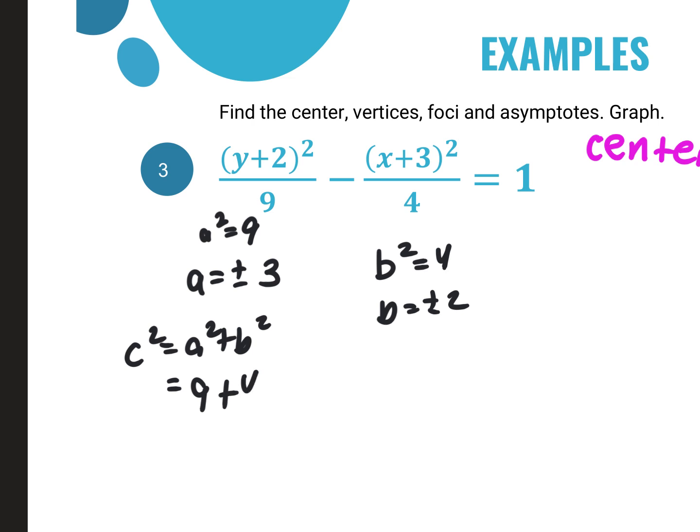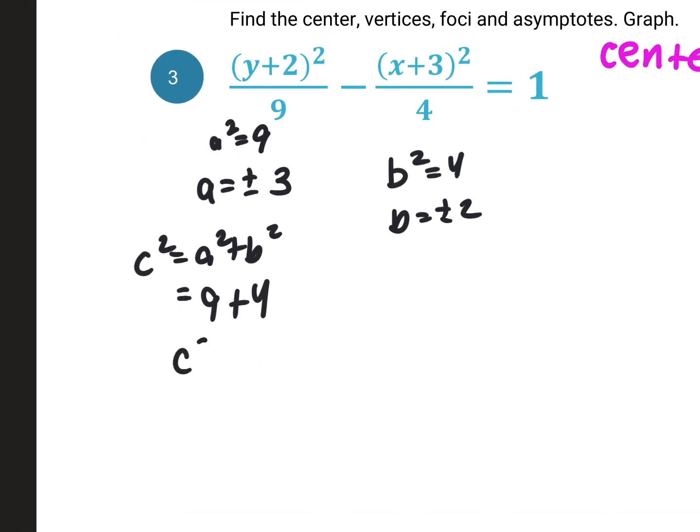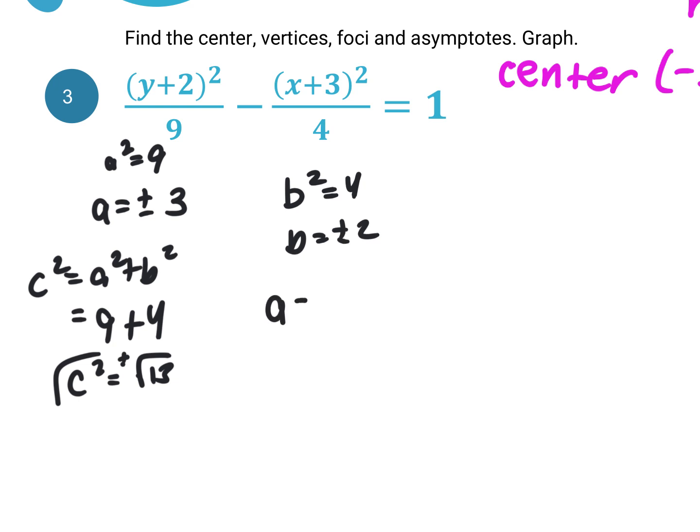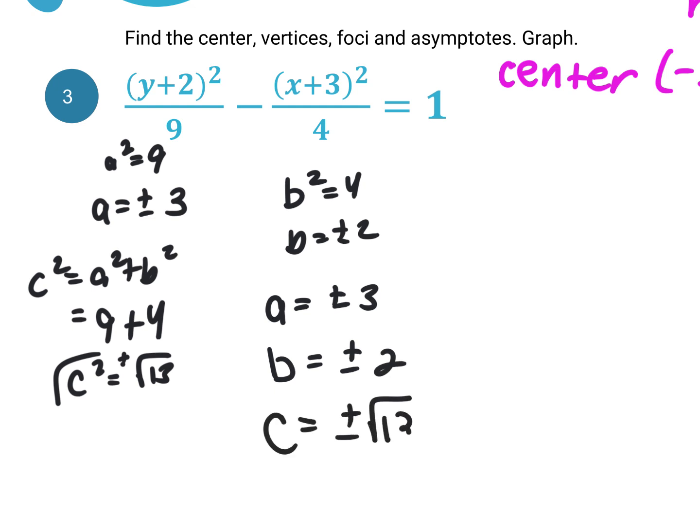So 9 plus 4. You guys with me? C squared equals 13. I'm sorry, C equals plus minus root 13. So let's just say A equals plus minus 3, B equals plus minus 2, C equals plus minus the square root of 13.